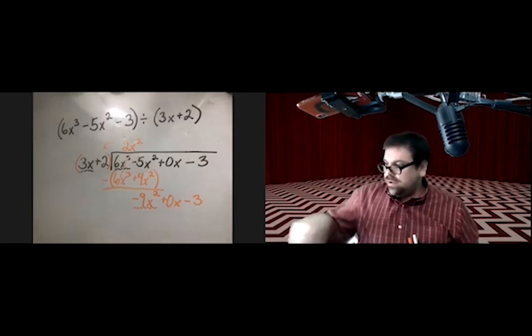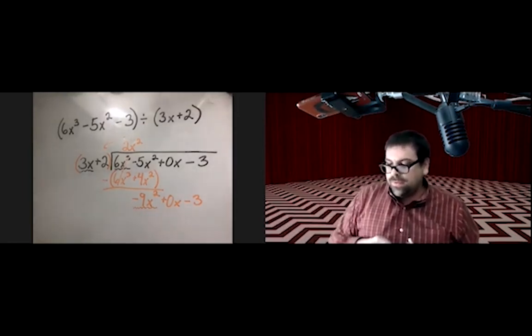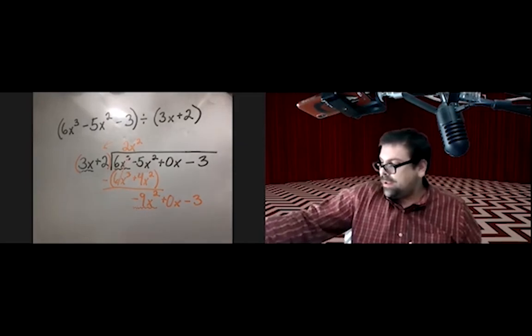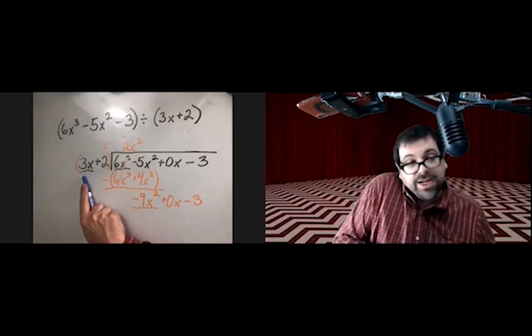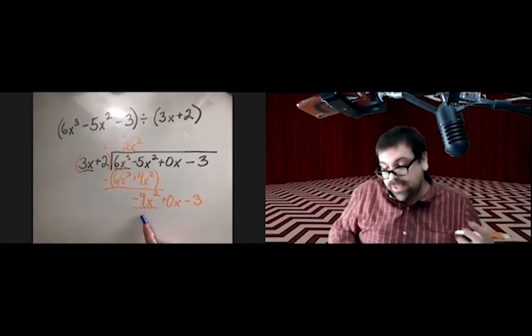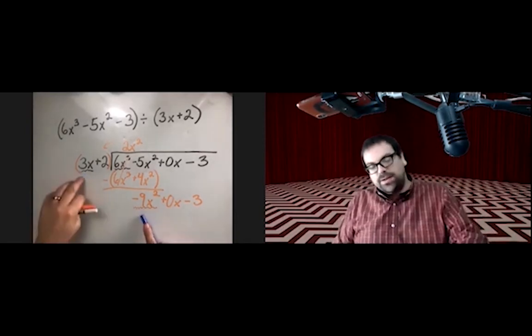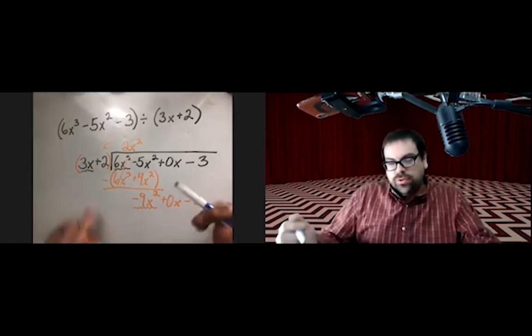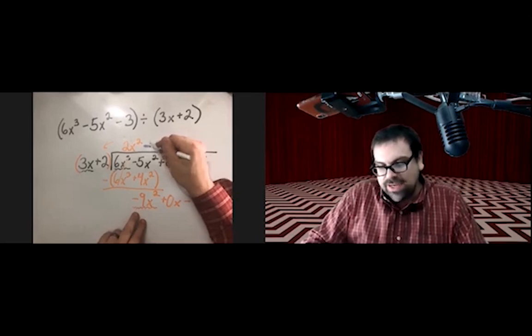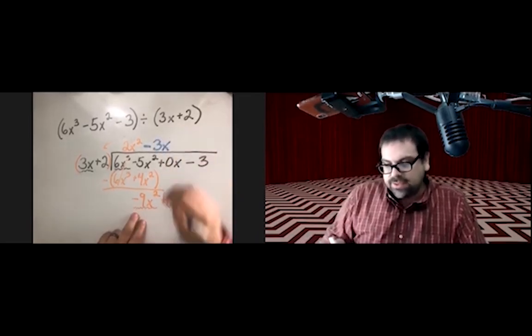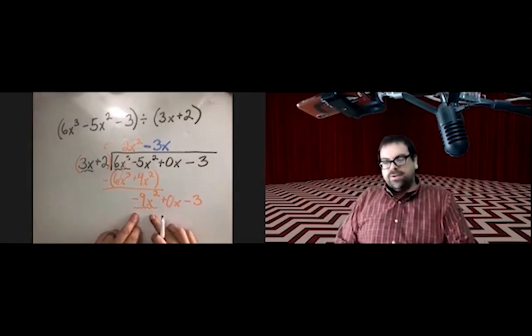Ask yourself, positive 3x times what is negative 9x squared? Positive 3x times negative 3x would be negative 9x squared.